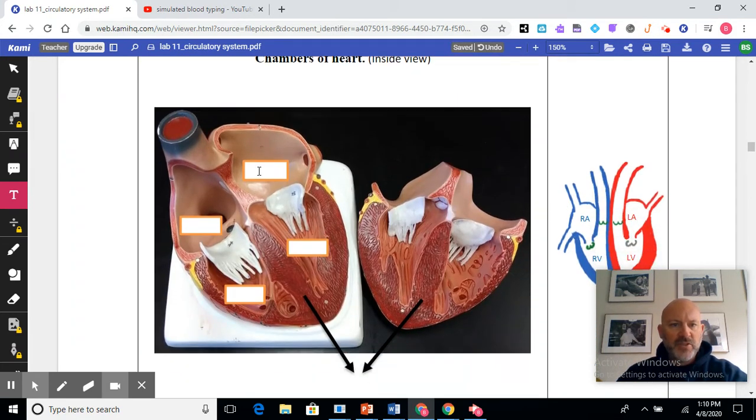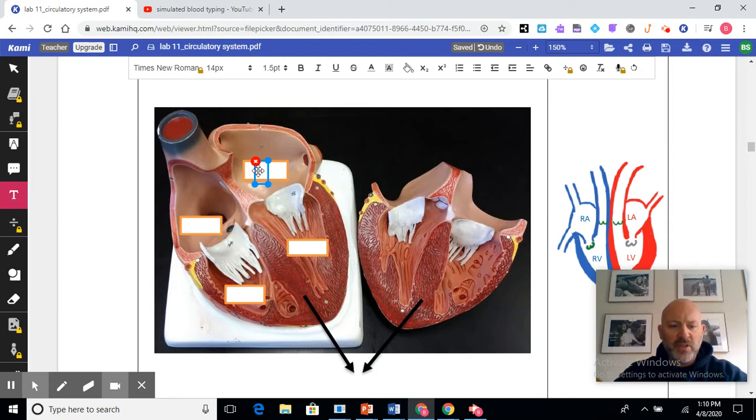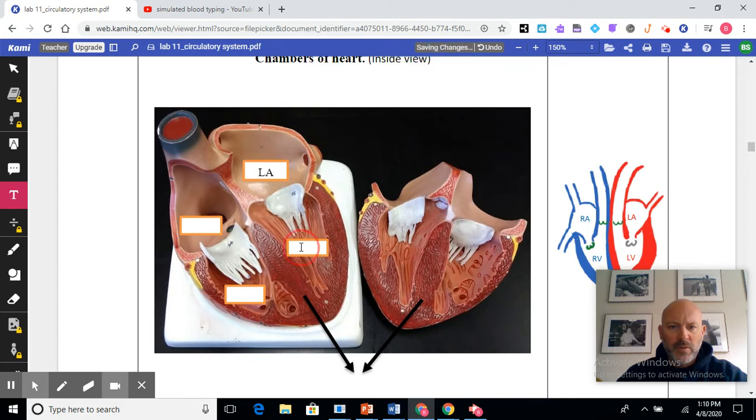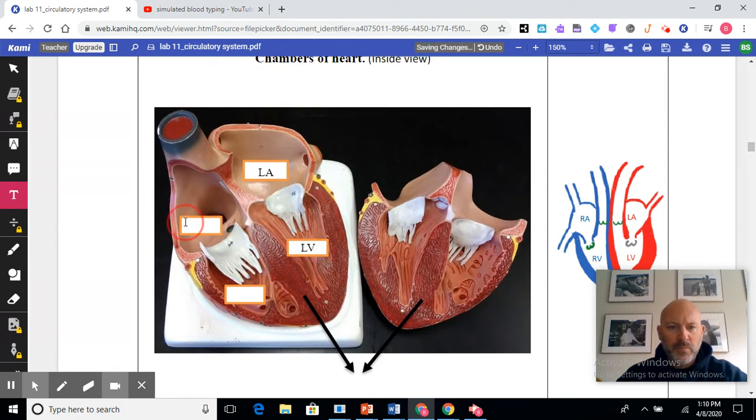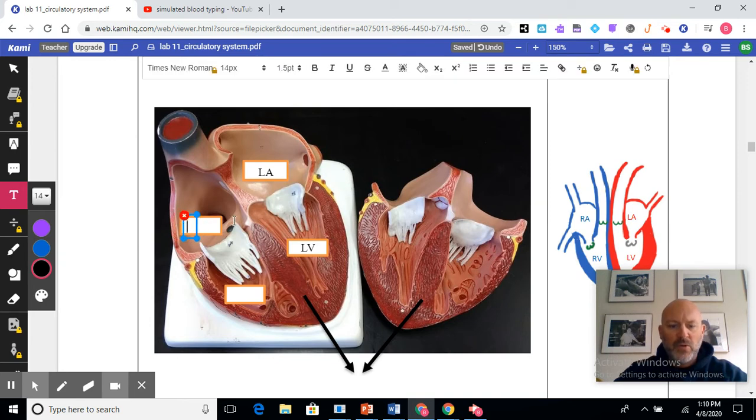All right, so we could do this. This is the left atrium. I'm going to abbreviate. This is the left ventricle. Oh my goodness, come on. Over here we have the right atrium.